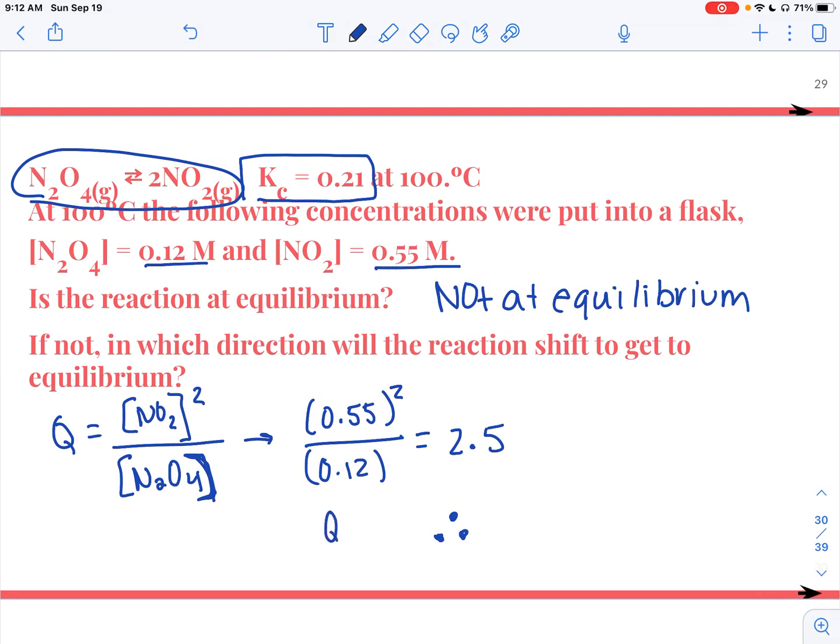So you can say Q is greater than K, therefore shift to left. So that's Q.